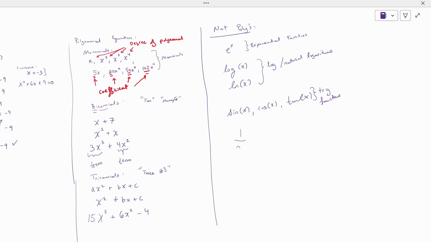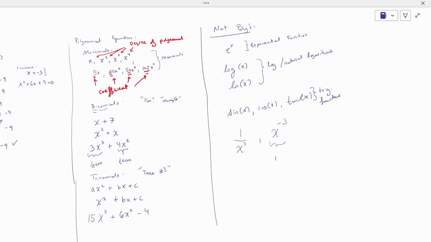But another example of something that would not be a polynomial would be anytime you've got some term that exists inside of the denominator of a fraction, or for less obvious reasons, anytime you've got, say, an x term or a variable that may be raised to the power of a negative exponent.